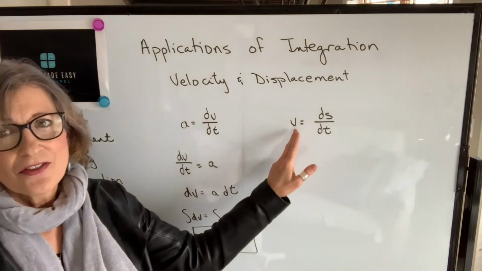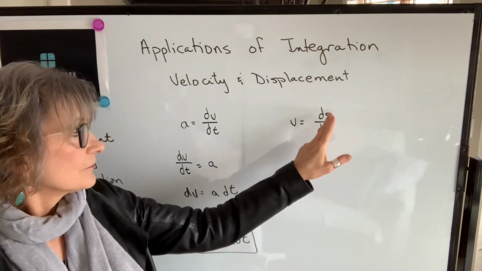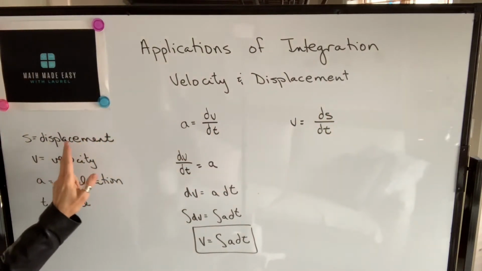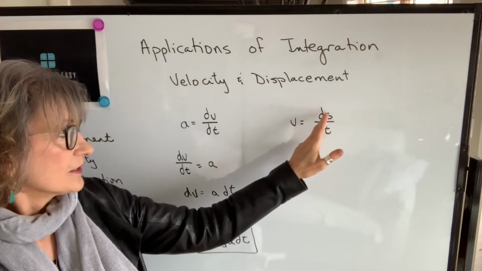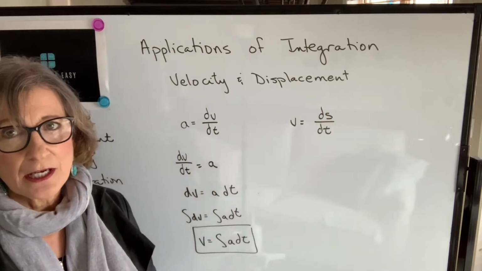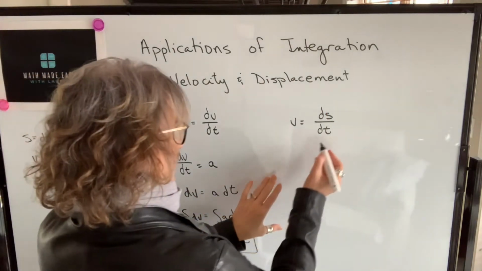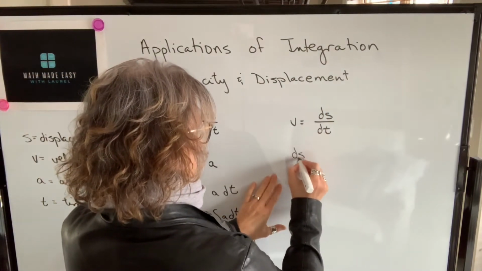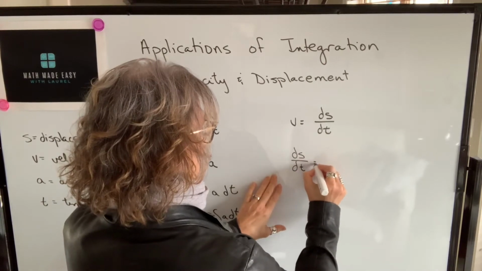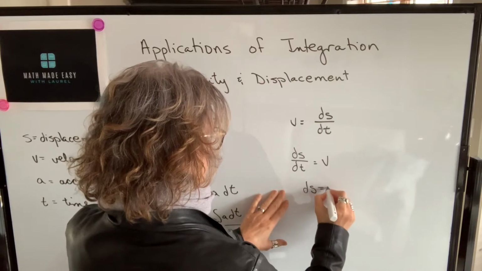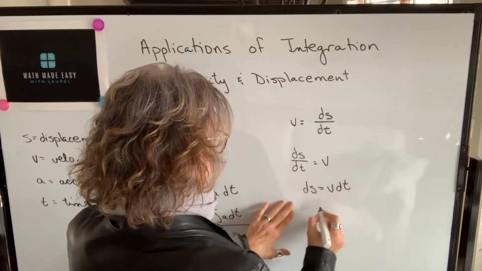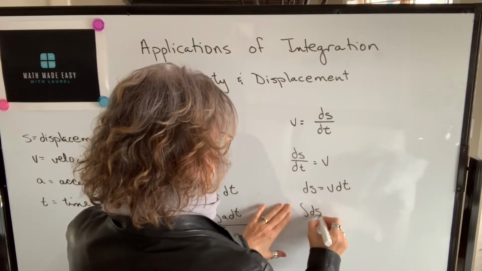Similarly, the velocity is the instantaneous rate of change of displacement, S is displacement, with respect to time. So in other words, velocity is the derivative of displacement with respect to time. So I can reverse that. I'm just going to rewrite this as ds/dt will equal v. I'm going to multiply both sides by dt and integrate both sides.